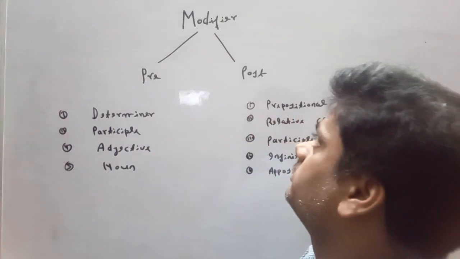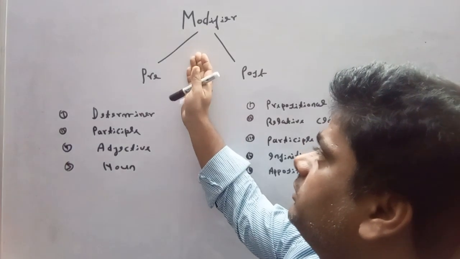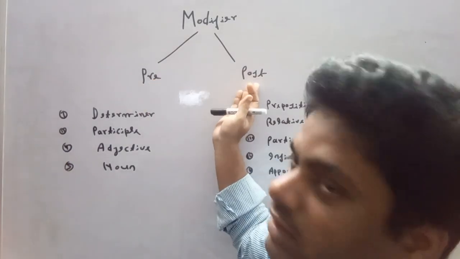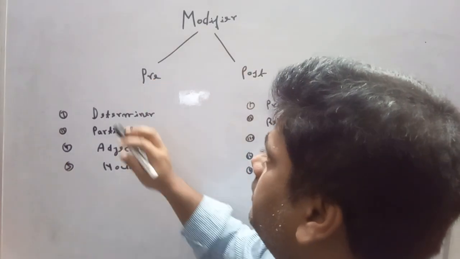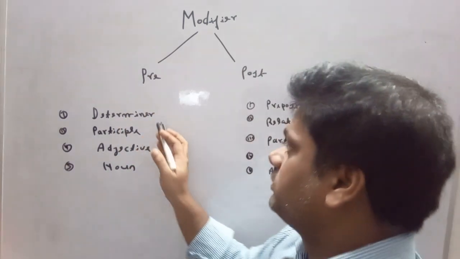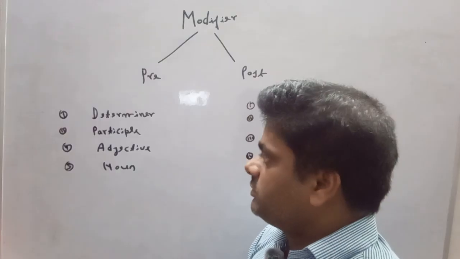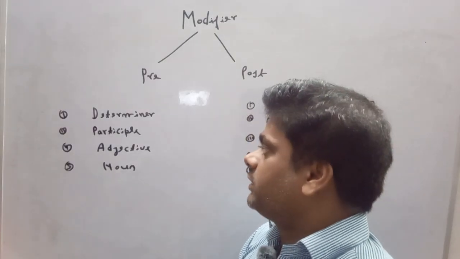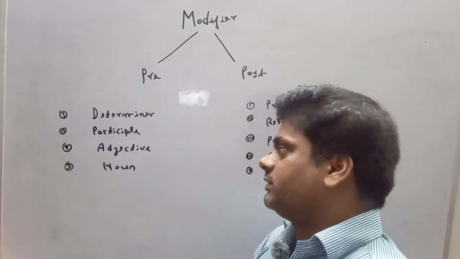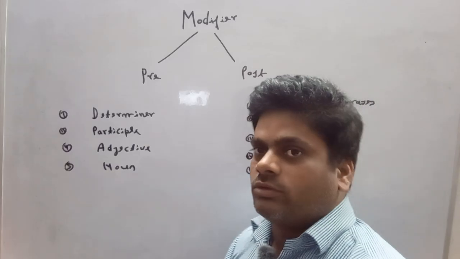If we talk about modifiers, first are pre-modifiers, other are post-modifiers. In case of pre-modifiers, first is determiner, second is participle, third is adjectives, and fourth is noun.